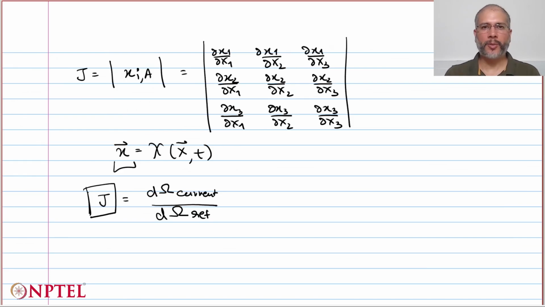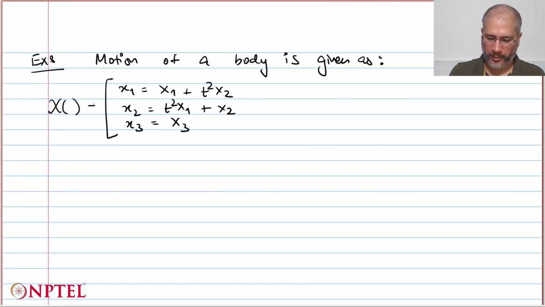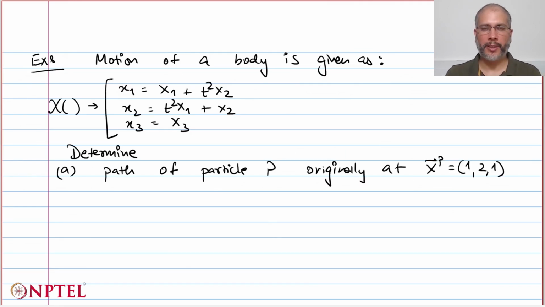To reinforce whatever ideas we have discussed till now, let us solve a couple of problems. So the motion of a body is given as this, which basically is our chi function. First we have to determine the path of a particle P, which was originally sitting at the material coordinates 1, 2, 1.